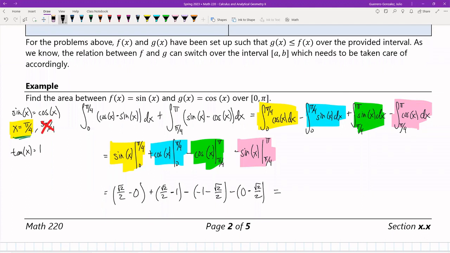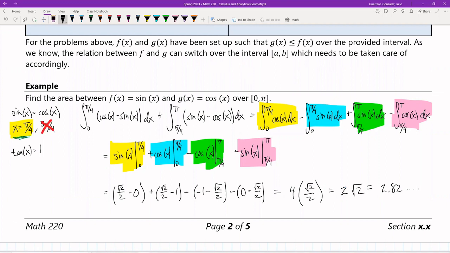If you work this out right, you get 4 times root 2 over 2, which is equal to 2 root 2. And if you plug that into your calculator, you should get something along the lines of 2.82 and some change.